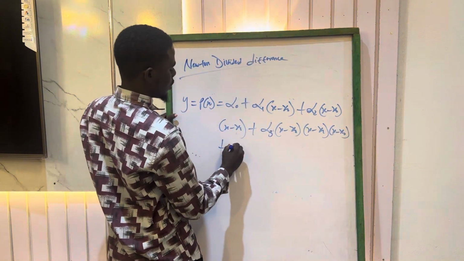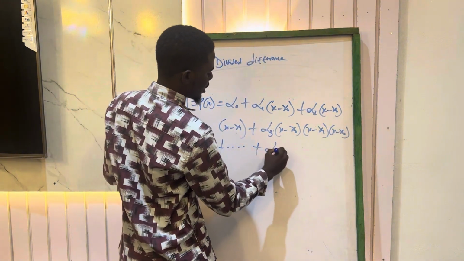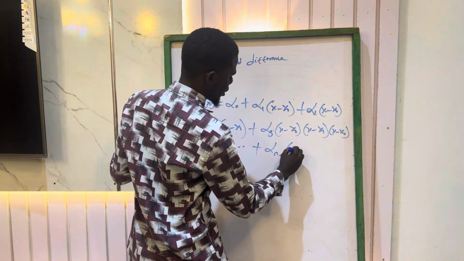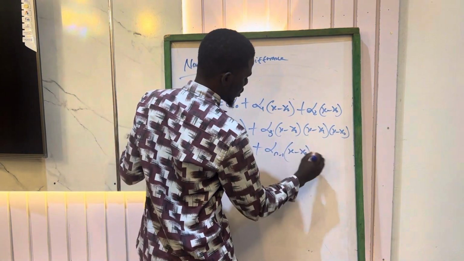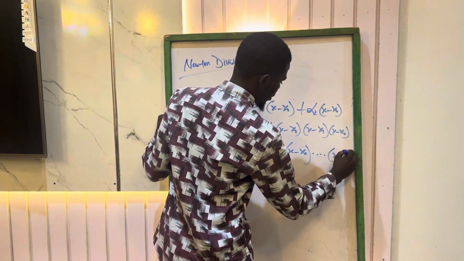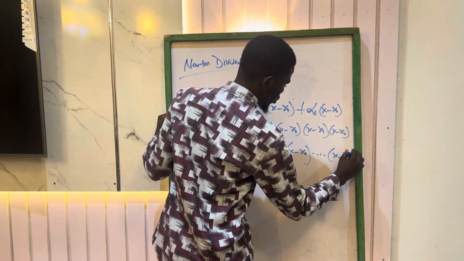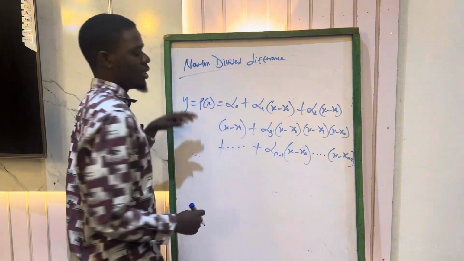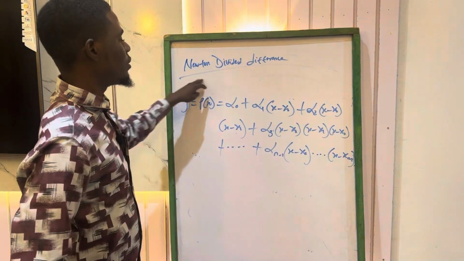Then you just keep on adding until you get to alpha n minus 1 into bracket x minus x naught, which you also multiply until you get to x minus x n minus 2. So this is the equation that we assume for the Newton divided difference method.